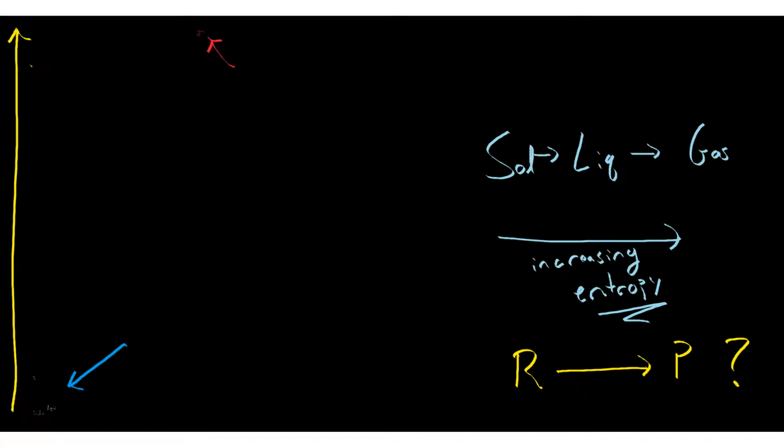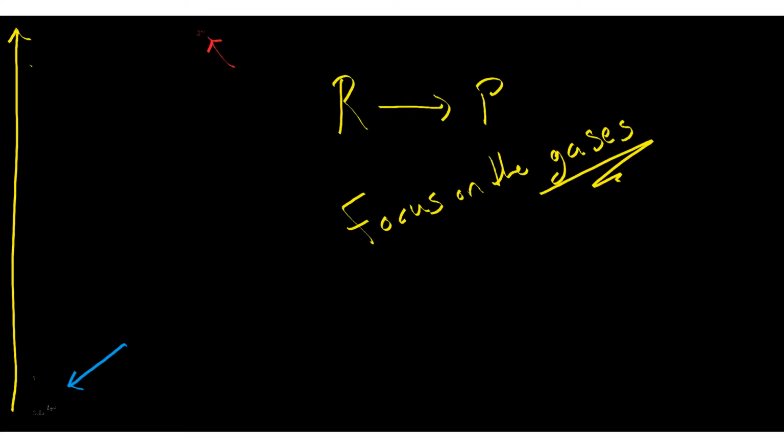Okay, I don't know if you can see it on your screen right now, but what I'm trying to do is emphasize that the difference between liquid and solid is minuscule compared to the difference between liquid and gas. Okay, gases are enormously higher in entropy than liquids are. Okay? So when you look at a chemical reaction, what you need to do is you focus on the gases.